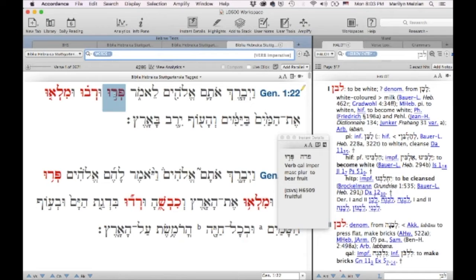However, when it comes to marking the imperative, it just says, "Qal imperative." Okay. And so Accordance will be giving you lots of help. And by the way, it will sometimes mark the second person imperfect where it has a jussive sense as a jussive.